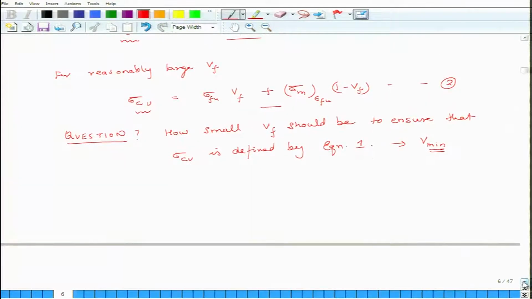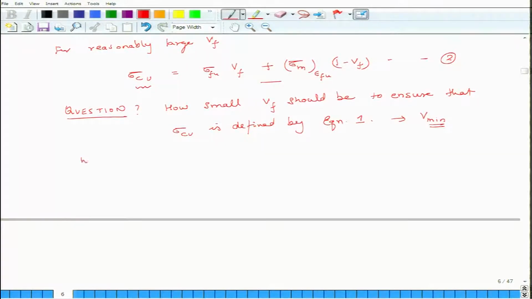So, when Vf is equal to V min, sigma Cu from equations 1 and 2 is the same, and I can equate them.